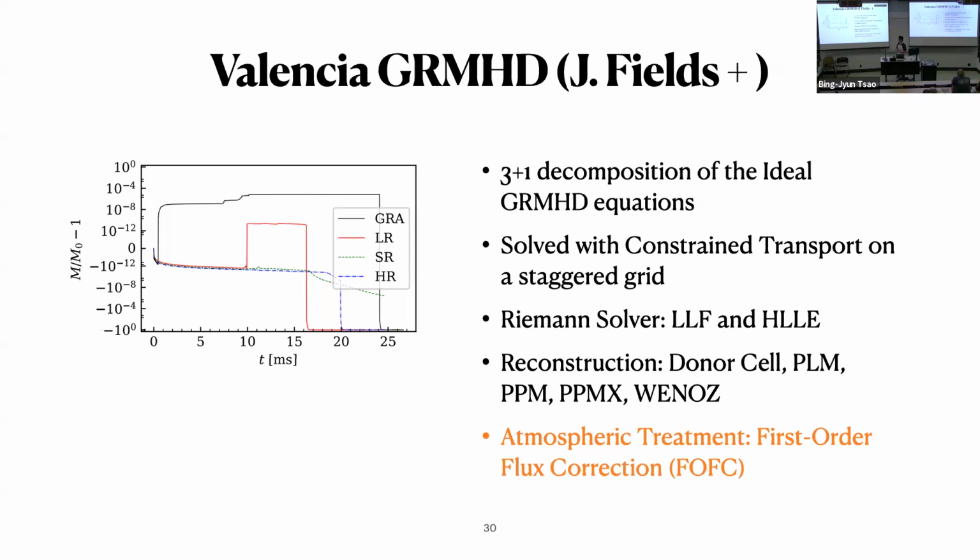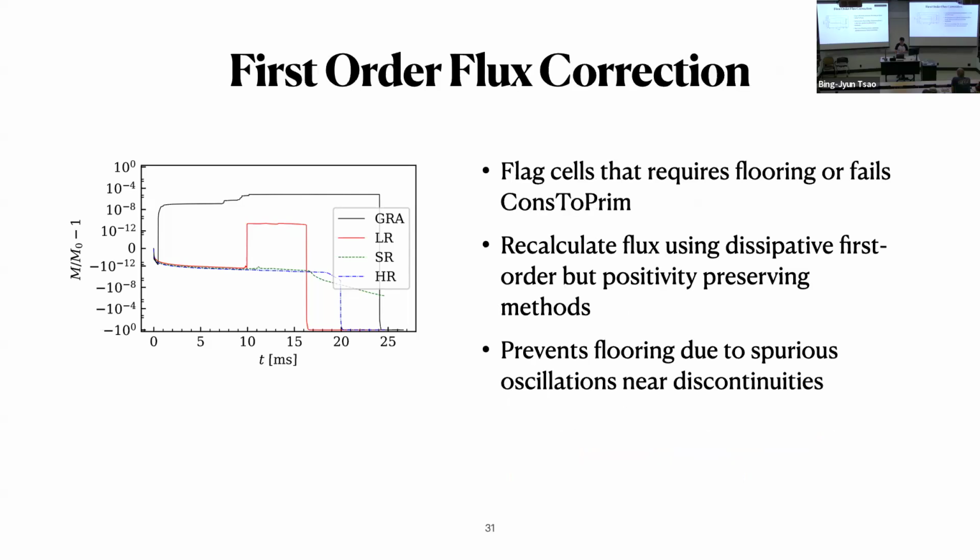We still do flooring, but before that we also have a first order flux correction to basically try to preserve conservation better, because if you do flooring, you're basically injecting energy and mass into your system and removing momentum. So this first order flux correction works as the following.